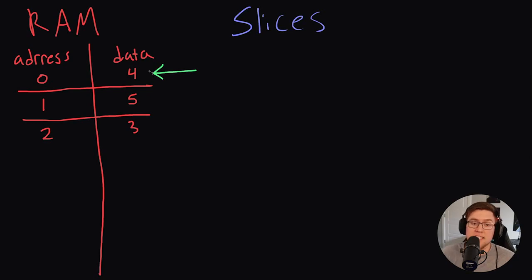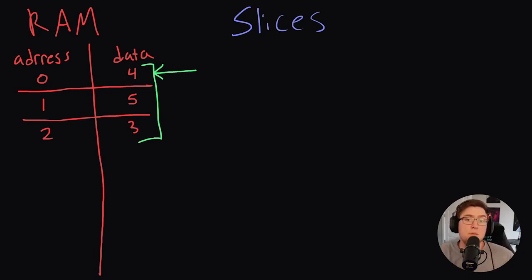Let's say that it's a slice of length 3, so it would reach across all 3 of these addresses. So if you have an array or a slice, and its address is 0 and its length is 3, then you know how many stores of data in memory your slice or array will use.